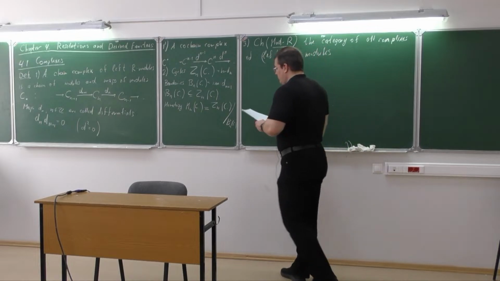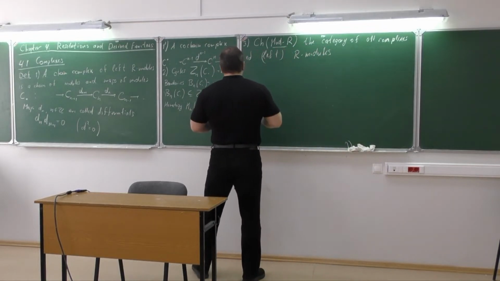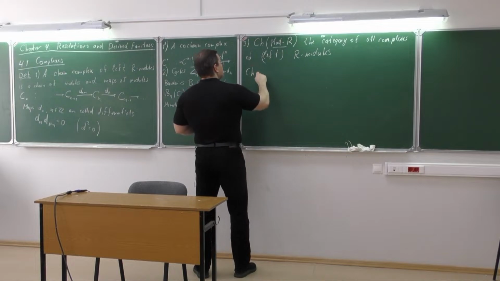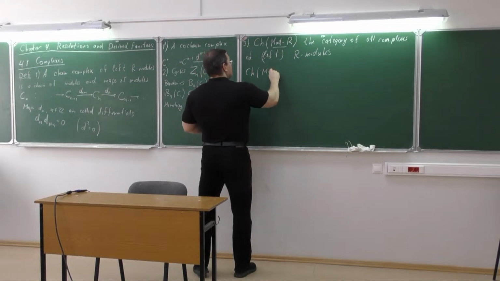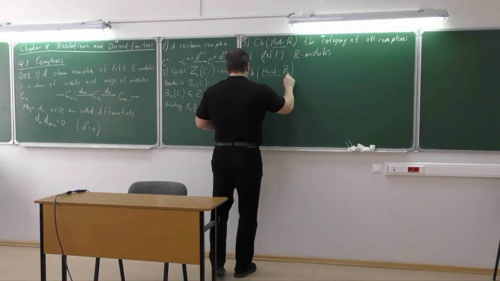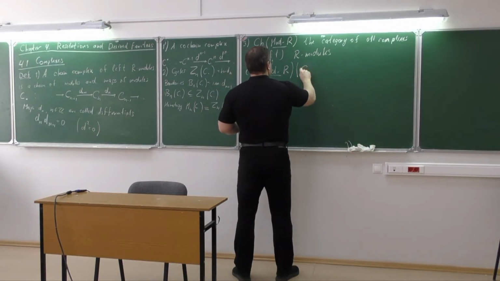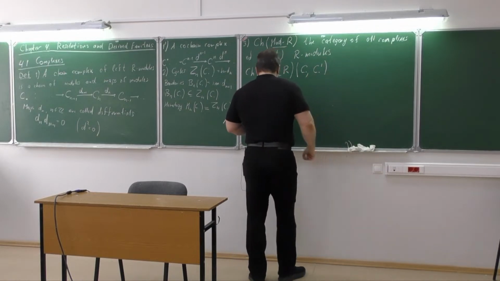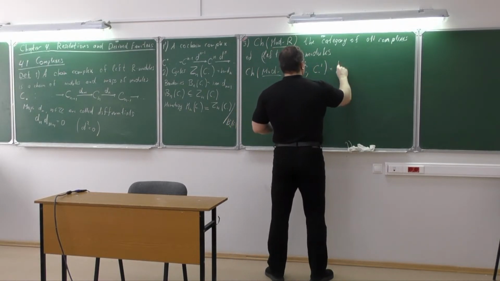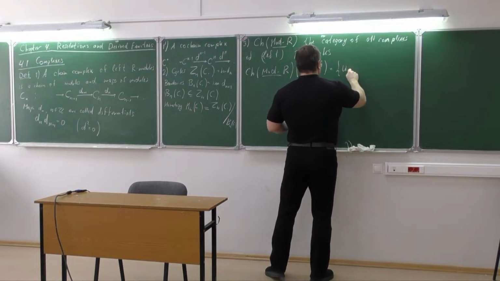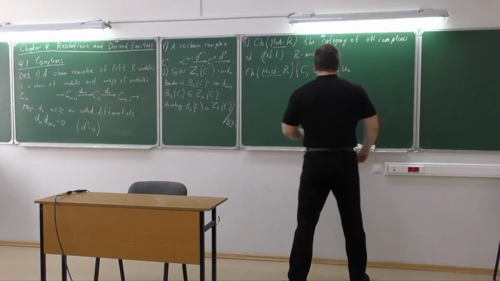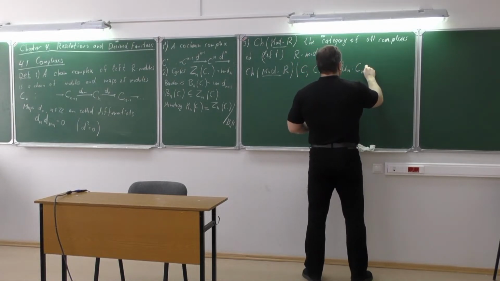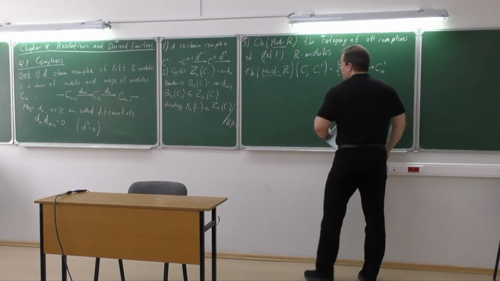So the category of all complexes. Well, the objects are complexes, and the maps we can define as follows. So let's say CH mod R. If I want to understand the maps between two complexes C and C prime, well, by definition this is the whole family of maps u_n, parameterized by some integer n, from C_n to C_n prime.